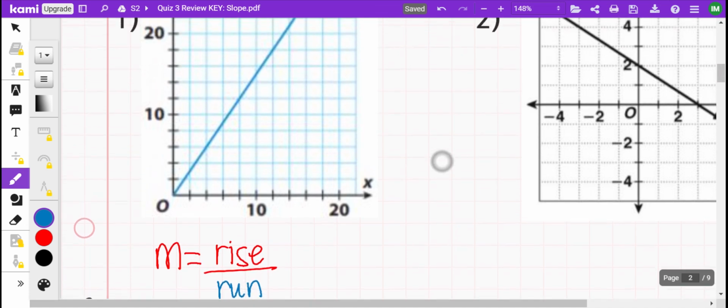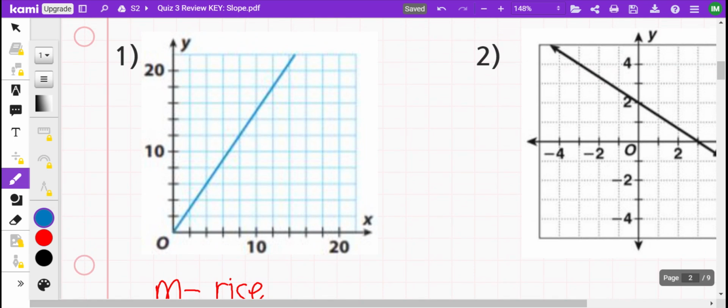This graph does not give me the 2 points, so I'm going to choose 2 points. In this case, I'm going to choose this point here, and I'm also going to choose this point here. And so remember, you can choose any point that crosses these little squares right at the corner. So you could have even chosen this one. Those would have been other options, okay?